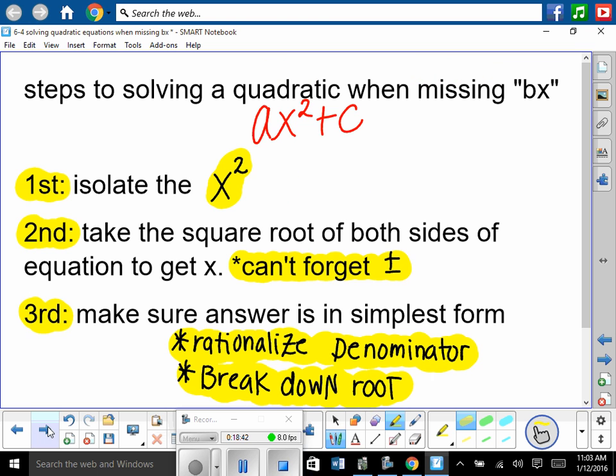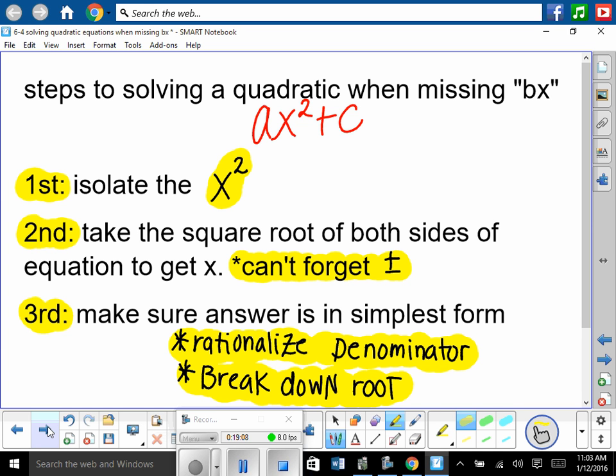Okay, good. So here are the steps to solving a quadratic when missing bx. Take a picture of it, take it down in your notes, but I'm not going to stay long on this page. You follow these steps only if you're missing bx. First, you have to isolate x squared completely, meaning get x squared alone, with nothing multiplied to it and nothing added to it.